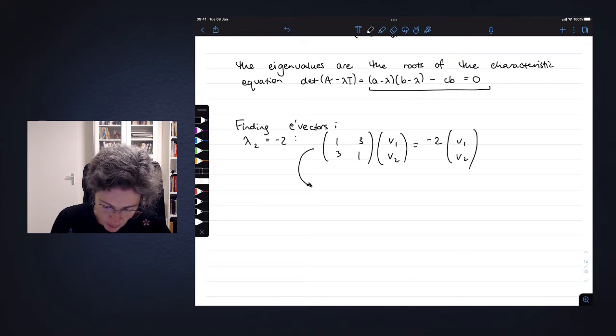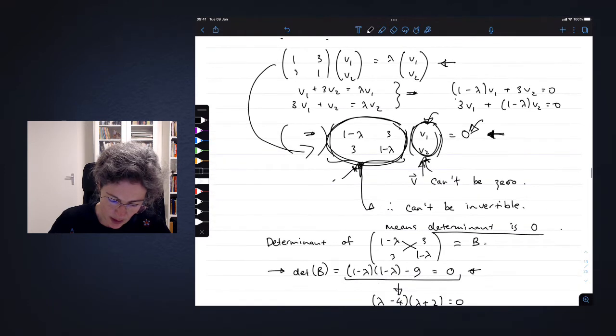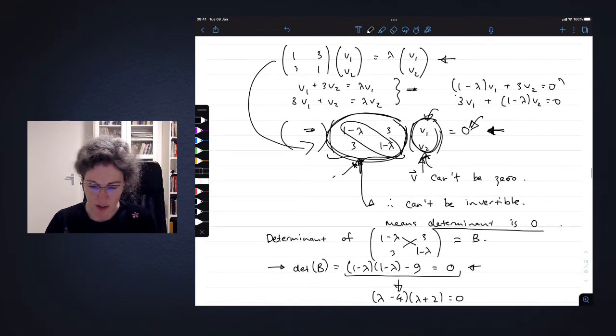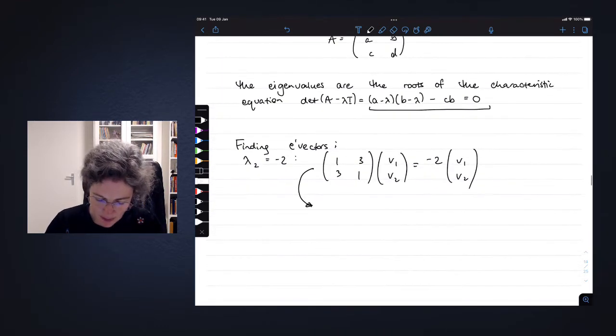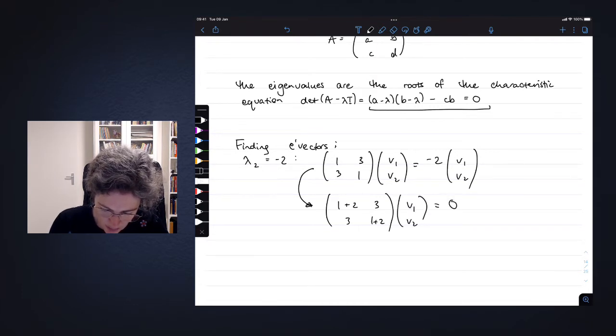Equivalently, writing in the form that we've seen up here, I've got 1 minus our eigenvalue and 1 minus our eigenvalue on the diagonal. You can use exactly the same reasoning that we did here. So you're going to have 1 plus 2, 3, 3, 1 plus 2, times v1, v2 is equal to 0.